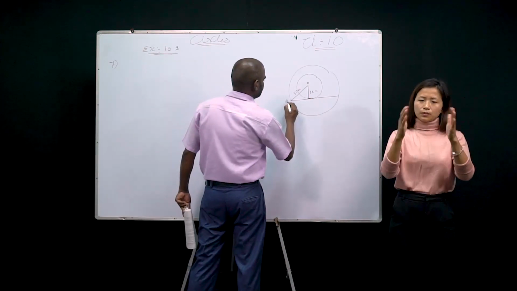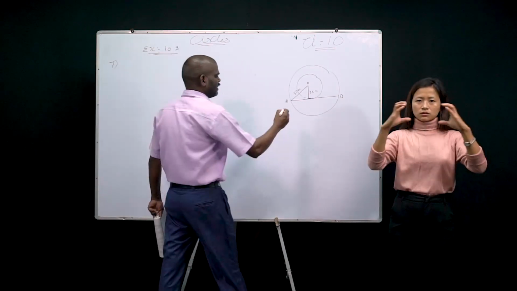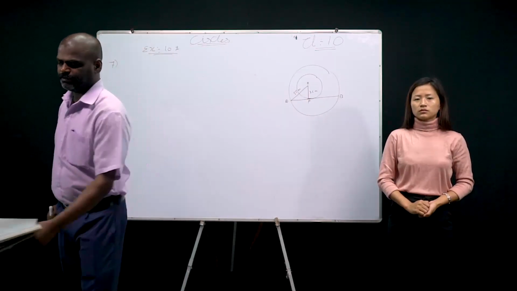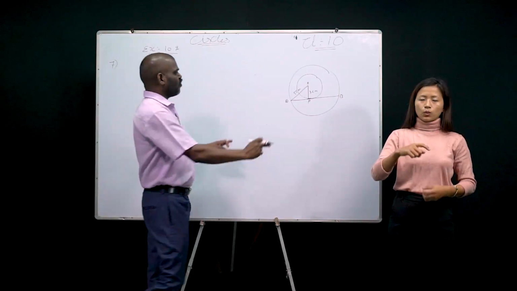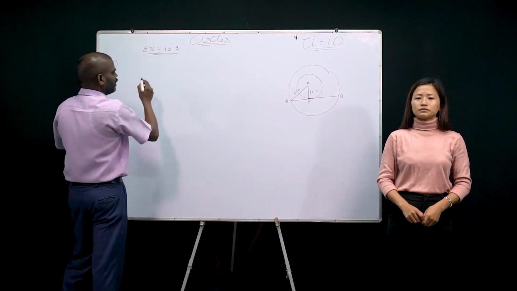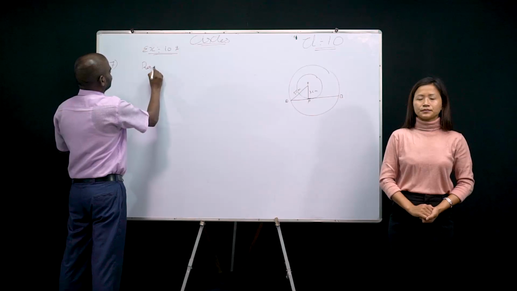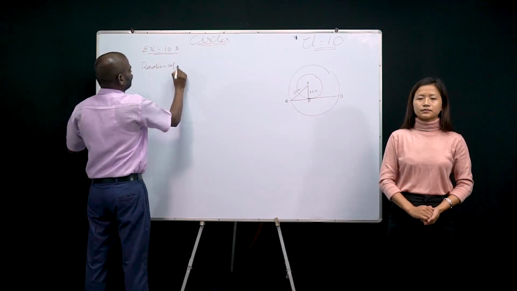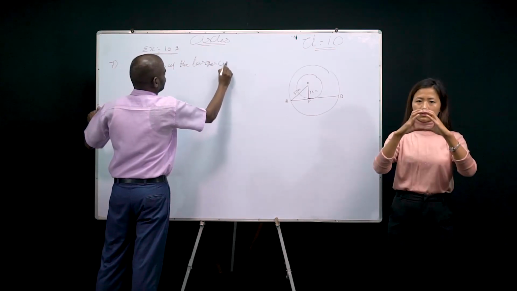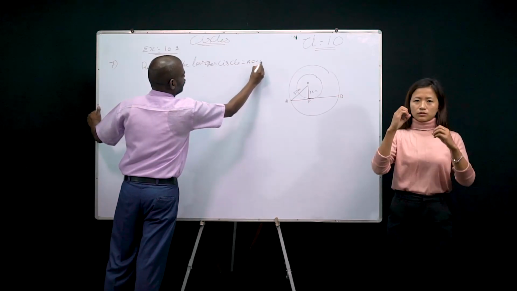Let us say AB is a chord of the largest circle and it touches the smaller circle at P. Now our question is, what is the length of the chord AB? Radius of the largest circle, AO is equal to how much? 5 cm.